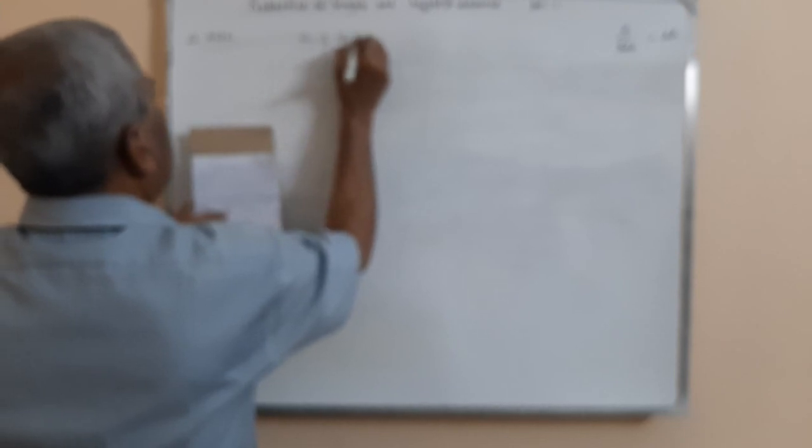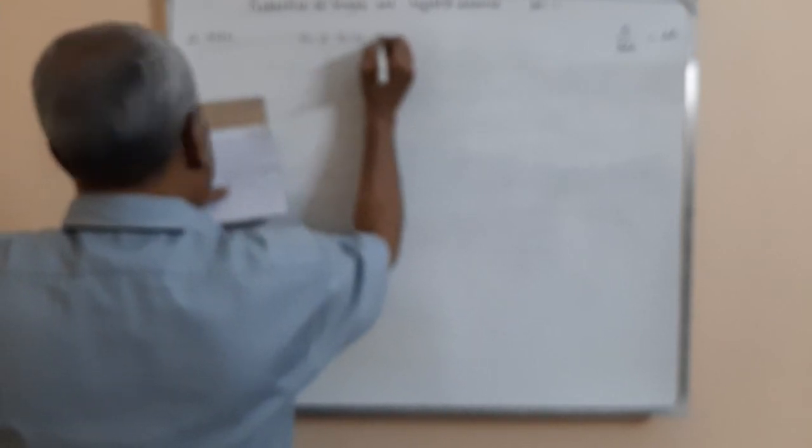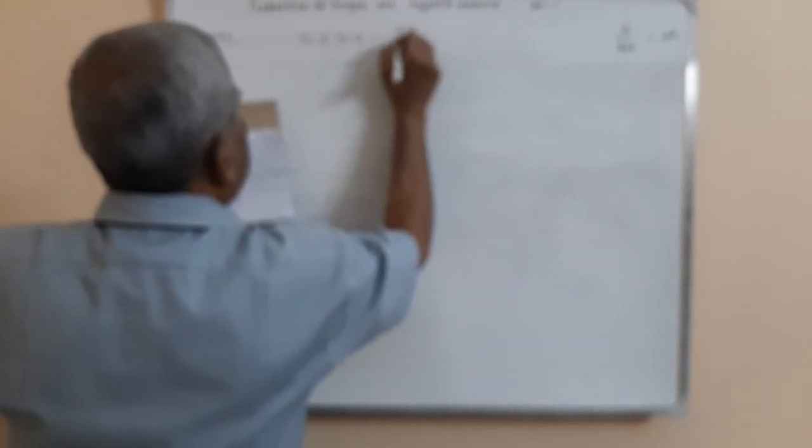Now this problem is: in triangle ABC, sine A sine B is equal to AB by C square.